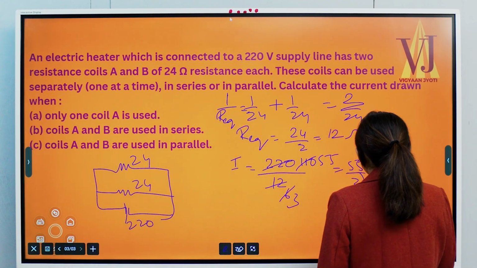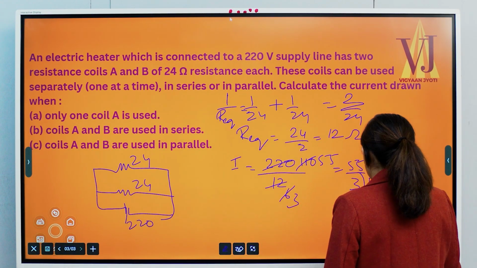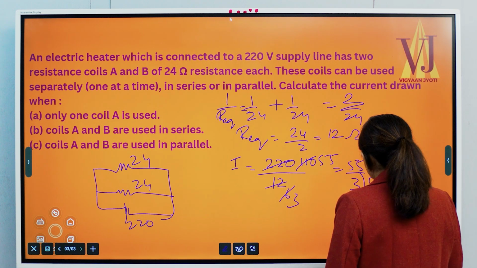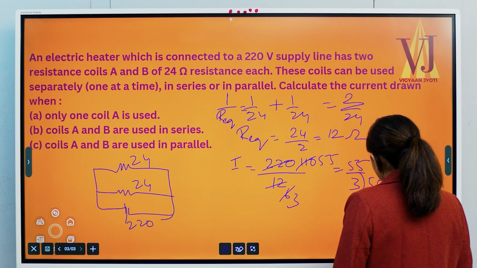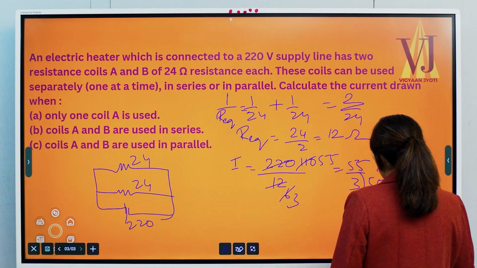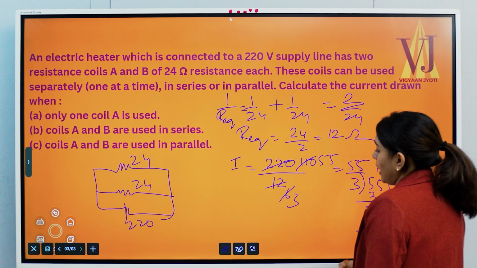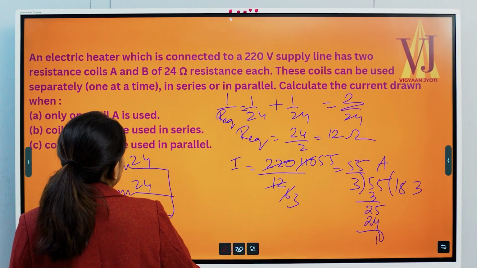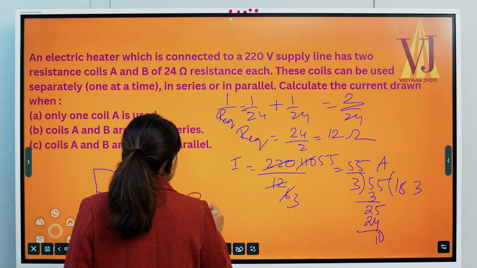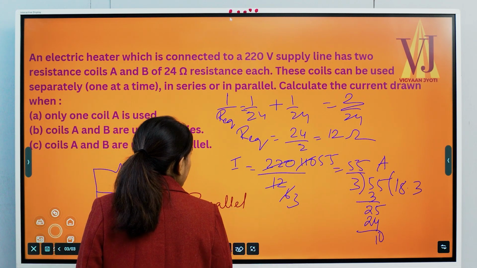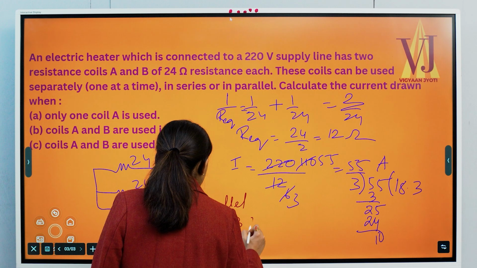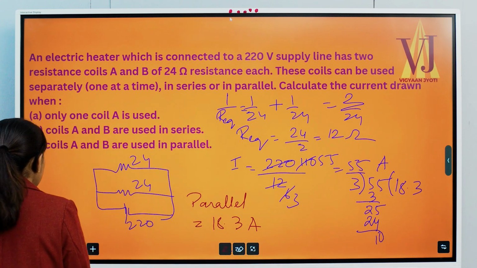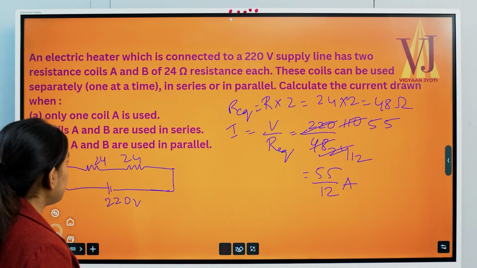Okay, I have to change color, otherwise I won't be able to compare. So I'll just drop it with this color. So the current drawn for parallel it's 18.3 ampere. Clear?